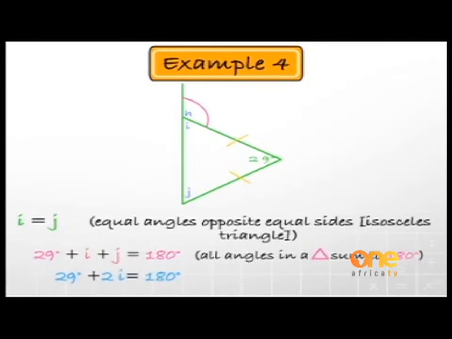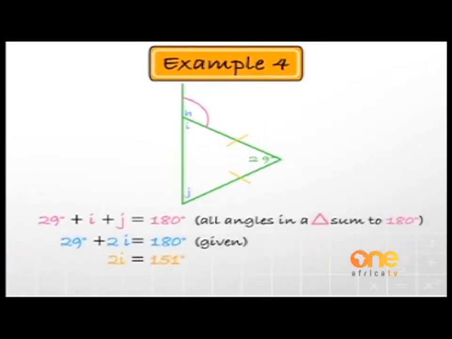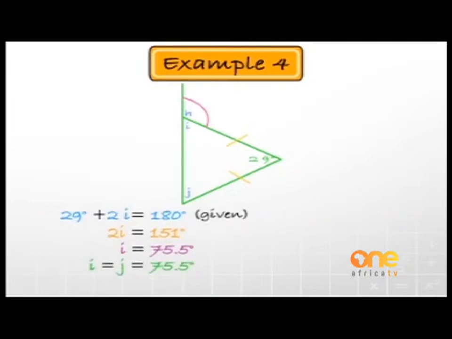This then means that 29 degrees plus 2I is equal to 180 degrees because angle I is equal to angle j. Hence, 2I is equal to 151 degrees, which implies then that I is equal to 75.5 degrees. Hence, I is equal to j, which is equal to 75.5 degrees.